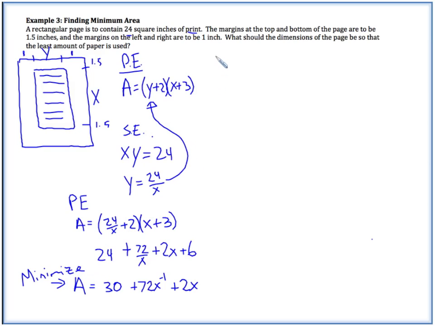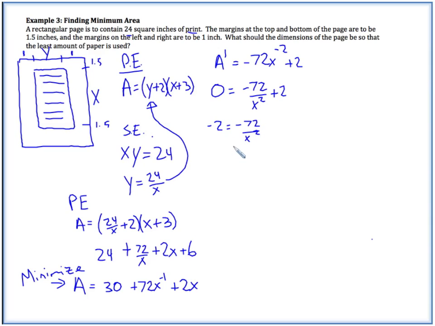So what that means is we want to find f prime. The derivative of 30 is nothing. The derivative of 72x to the negative 1 is negative 72x to the negative 2. And the derivative of 2x is simply 2. So now we want to let this equal 0, because we want to find our critical numbers. This was negative 72 over x squared plus 2, so minus 2 equals 0.